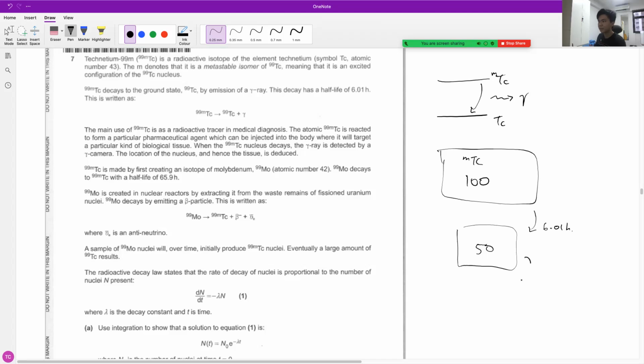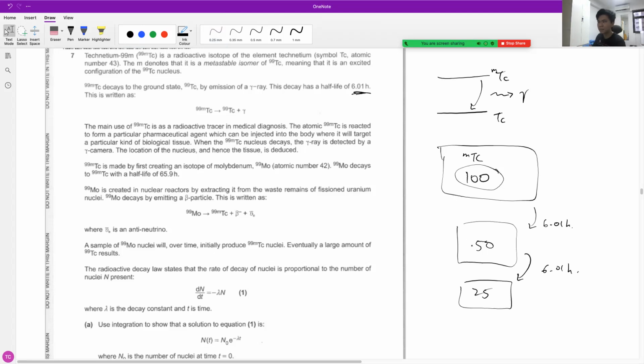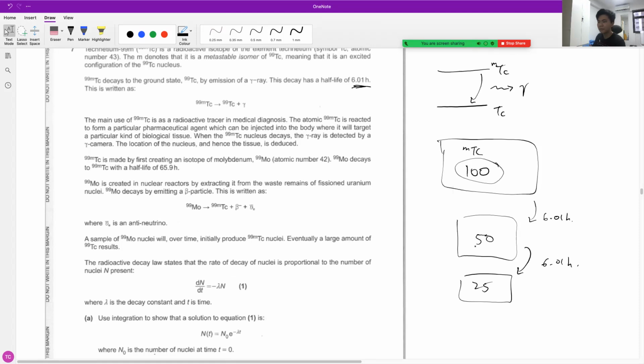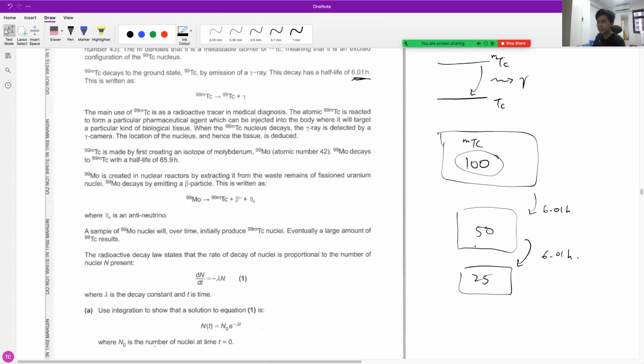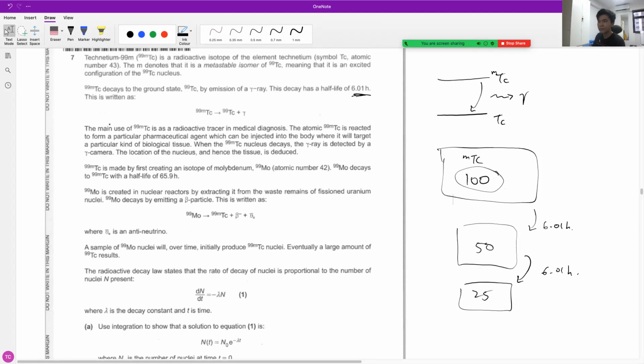After that it will continue to be 25 after another 6.01 hours. Every half-life, the population would die down like that.